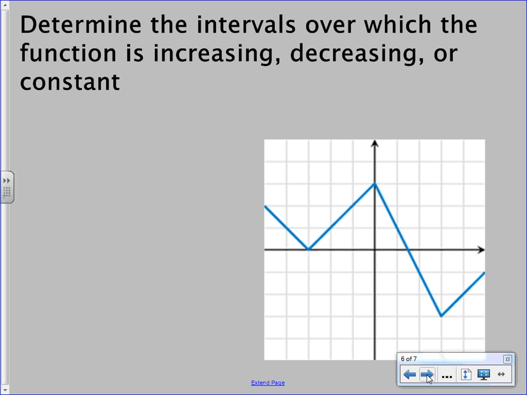So from left to right, I want to determine where this is increasing and where this is decreasing. First of all, is my graph ever constant? No, it is not constant, and so we're not going to worry about that.